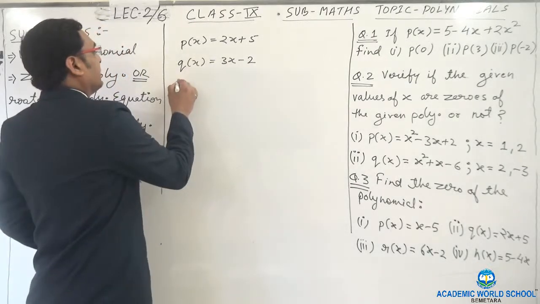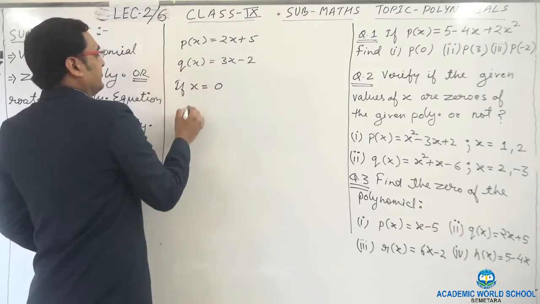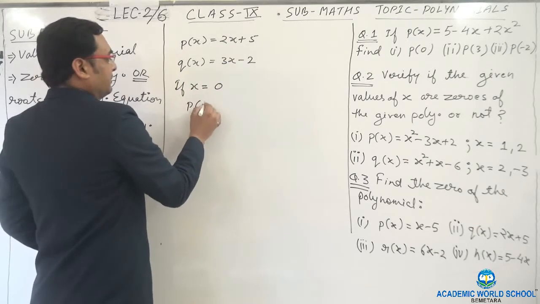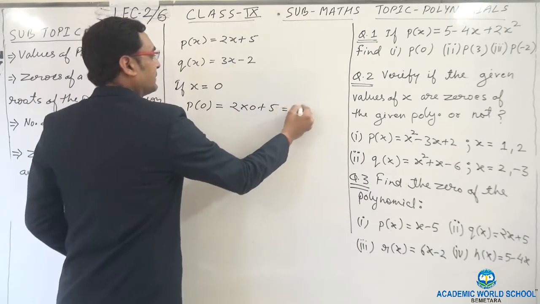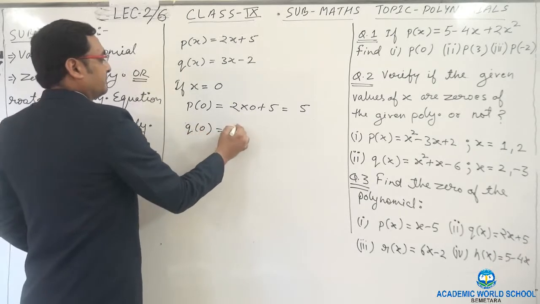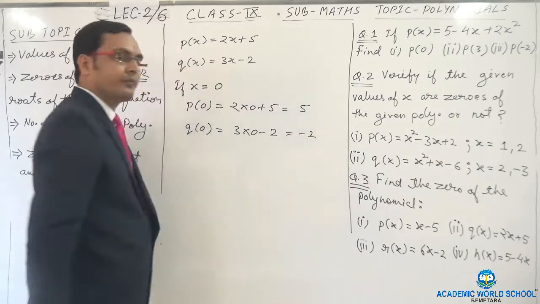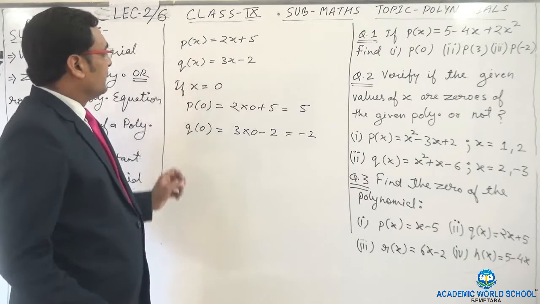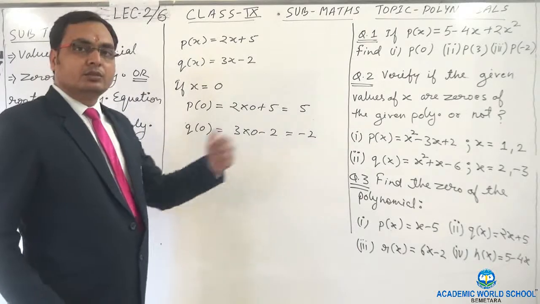For example, if x is equal to 0, then we put x is equal to 0 in this polynomial, so it will become p(0) which is equal to 2 into 0 plus 5 which is equal to 5, and q(0) will become 3 into 0 minus 2 which is equal to minus 2. Now definitely we can say p(0) is having value 5, q(0) is having value minus 2.